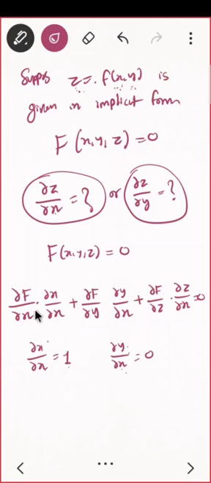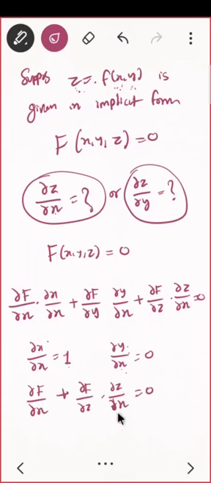So here what I will have is dou f by dou x times 1, plus here this will be 0, and this will be dou f by dou z into dou z by dou x as it is, since I want to find this, and that equals 0. Correct?